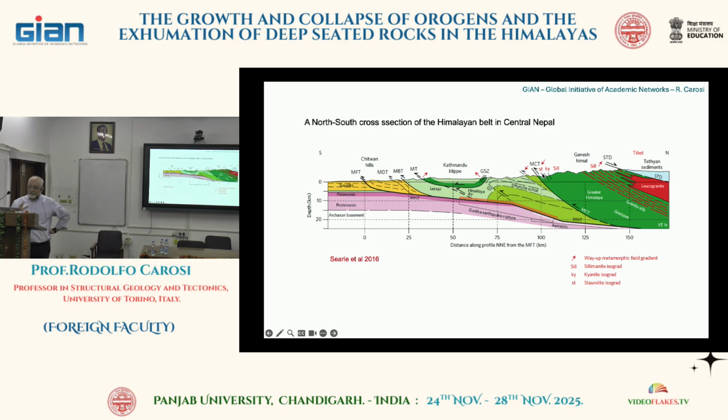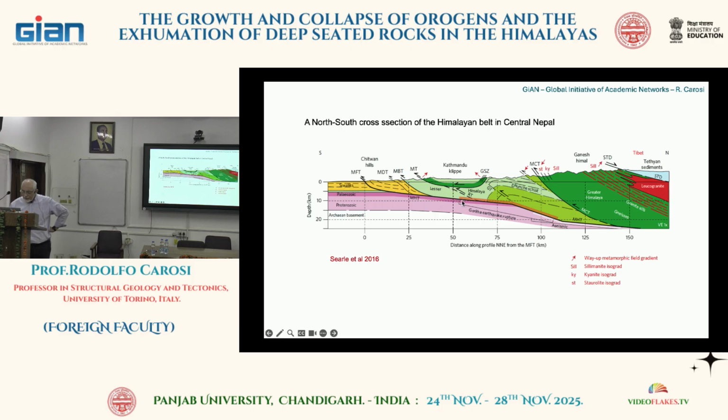So approaching the Main Central Thrust, there is an inverse metamorphic gradient due to several factors, maybe deformation, sure. You can see also the external klippen of the Greater Himalayan sequence. Sometimes in this klippen are some rocks of the Tethyan sediments. So more or less the same.